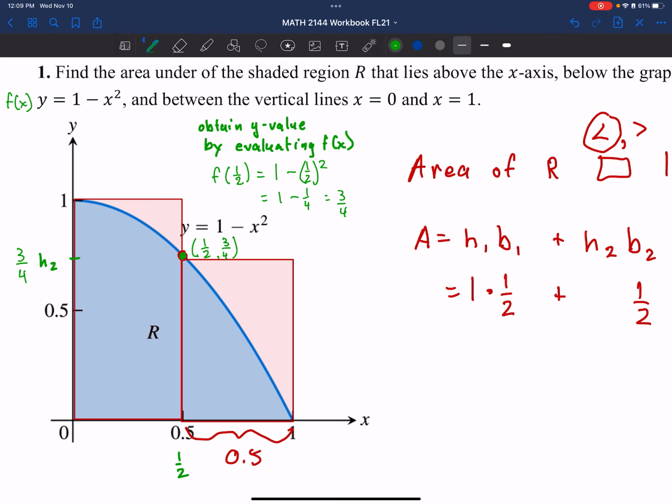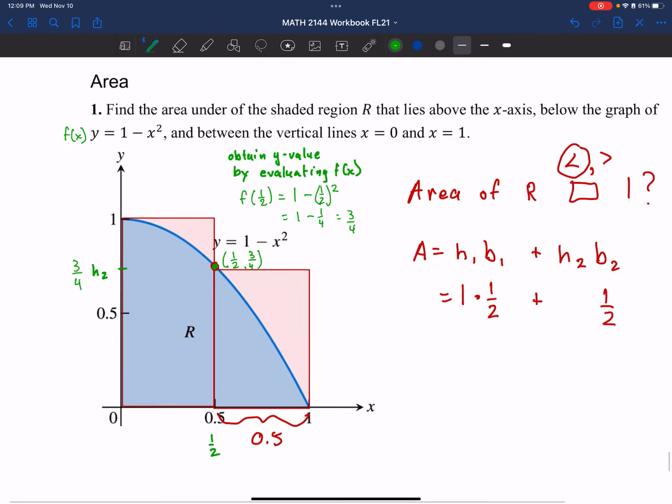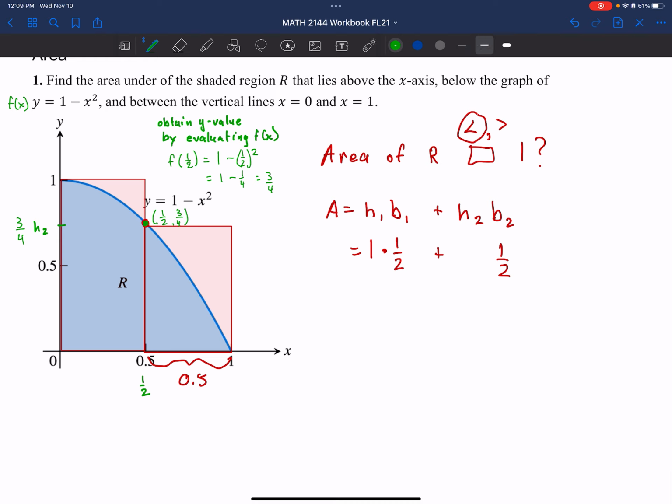Is everyone okay with where I got that? So let's go ahead and put that in. So that's going to be 3/4. Multiply this. So let's go ahead and continue. So this will be 1/2 plus 3/8. Remember that you multiply across the numerators and across the denominators. If you were to get a common denominator right here, we have a common denominator of 8.